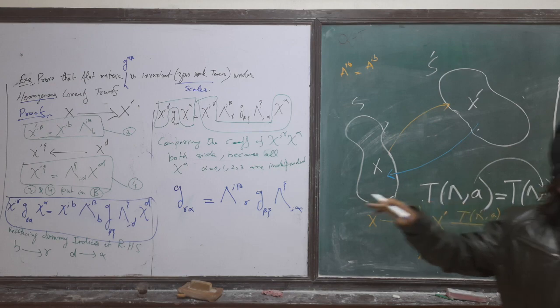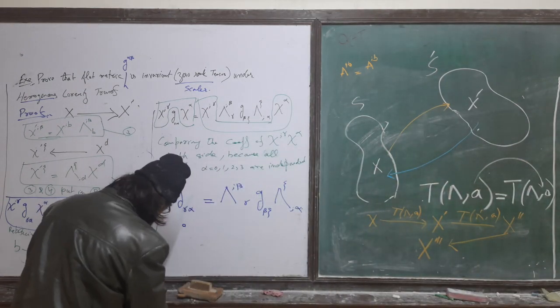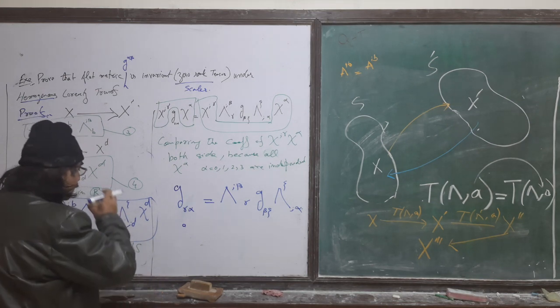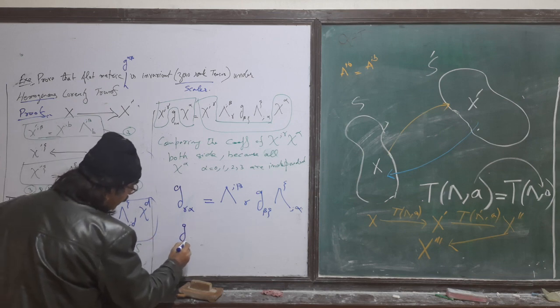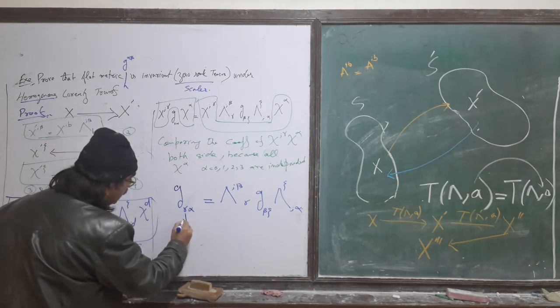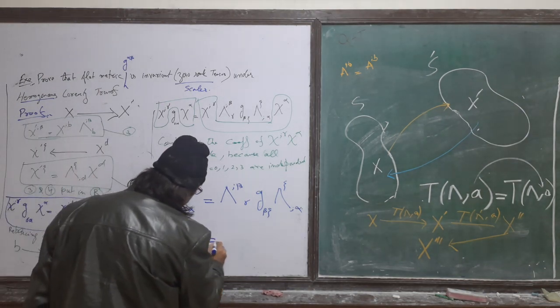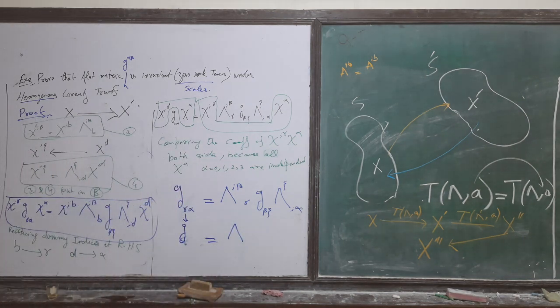But when we write it in the form of a matrix, this is G. If I write it in the form of matrix, this is G matrix.